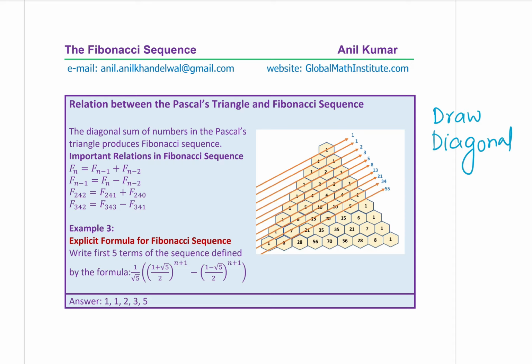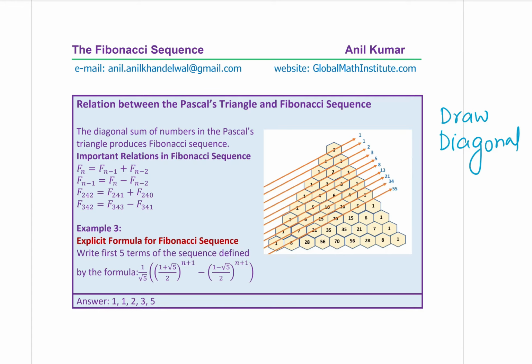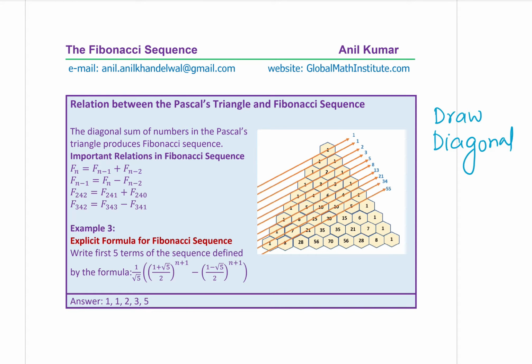Now, if we draw the diagonals as shown here, as you can clearly see, the very first diagonal goes through only one, and the second one also goes through one, so we get the numbers 1 and 1, right? Next diagonal, which is going like this, goes through 2, and we get 2. And then we have 1 plus 2, which is 3, right?